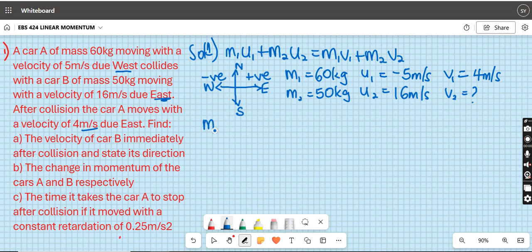Now we state our conservation, m1, we've stated it already. So let's do our substitution.